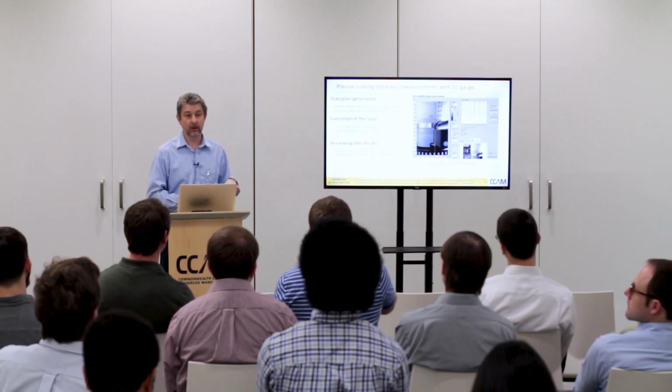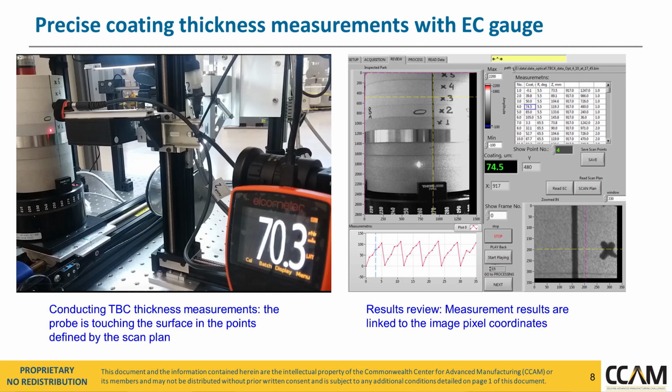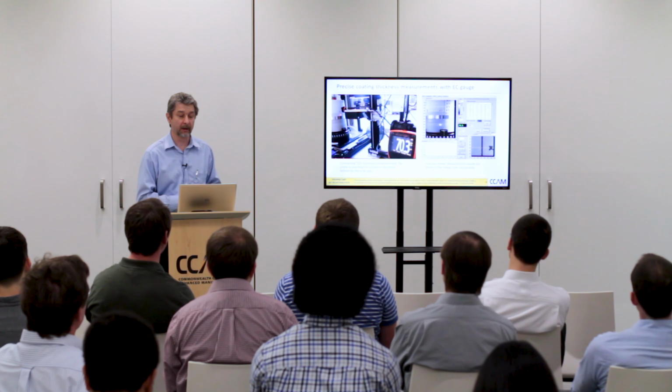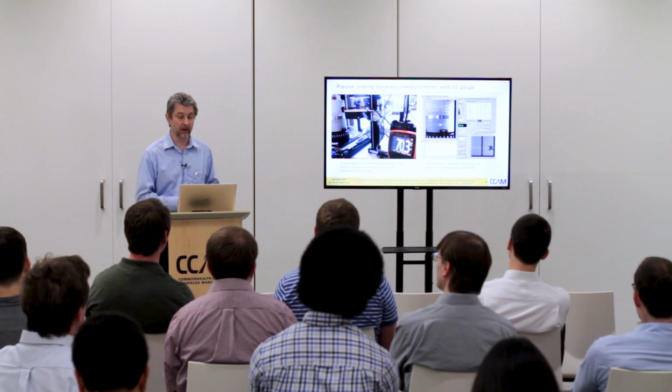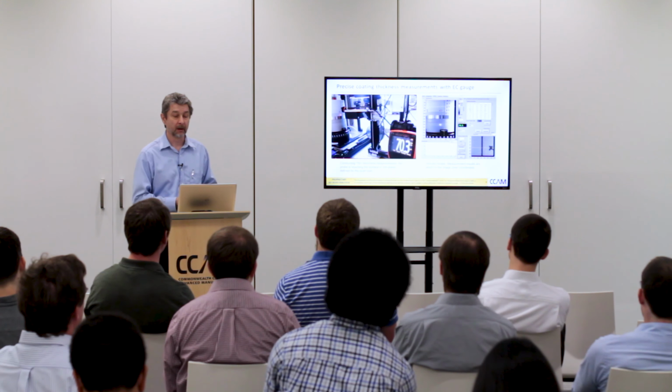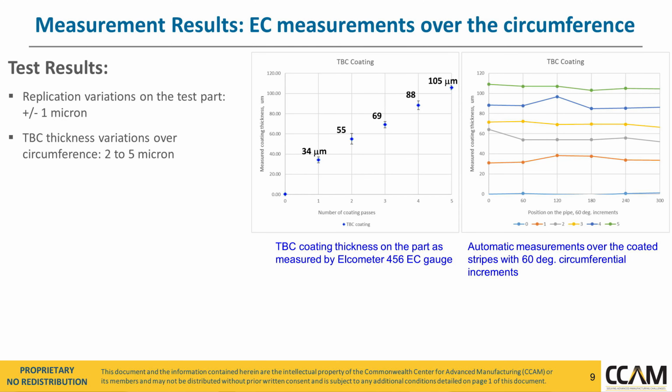The program will execute the actual scan, and then to review the result, you will see the same images retrieved from memory, with values of coating thickness superimposed over the particular point of measurement. I have a short video that will run and show all these results in action.